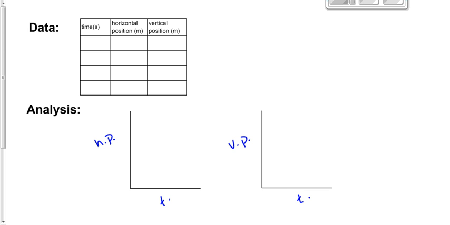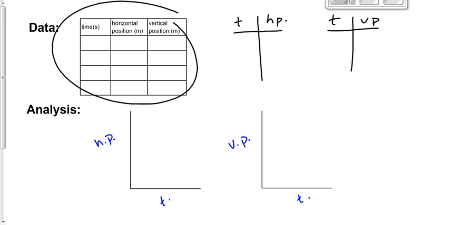The first table would be time and horizontal position, and the second would be time and vertical position. We know from previous experience that it's easier to plot graphs if we have a two-column table, right? The combined table is probably the one you would include in your write-up, but you can separate it for purposes of making the graphing easier.